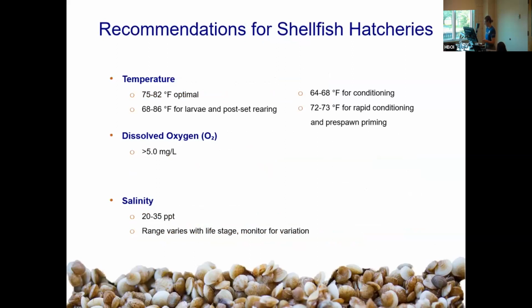For conditioning, between 64 and 68 degrees is optimal, but for rapid conditioning and pre-spawn priming, 72 to 73 degrees Fahrenheit is optimal. For DO, we recommend values greater than 5 milligrams per liter. And for salinity, the general recommendation is 20 to 35 parts per thousand, but it does range with life stage.